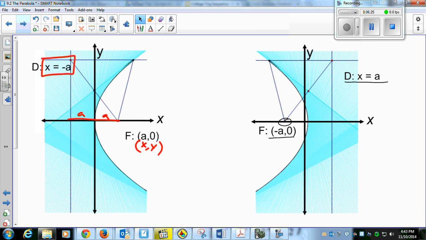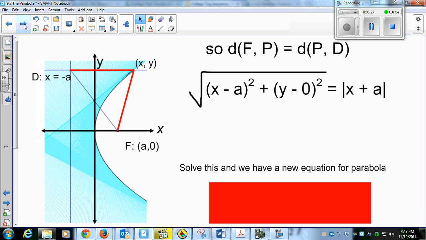So let's look at an example here, how we can use this to look at some problems and derive a new formula for our parabolas, mainly our horizontal ones. We know that these two distances need to be the same. So we're going to employ our distance formula here, calling this point (x, y).